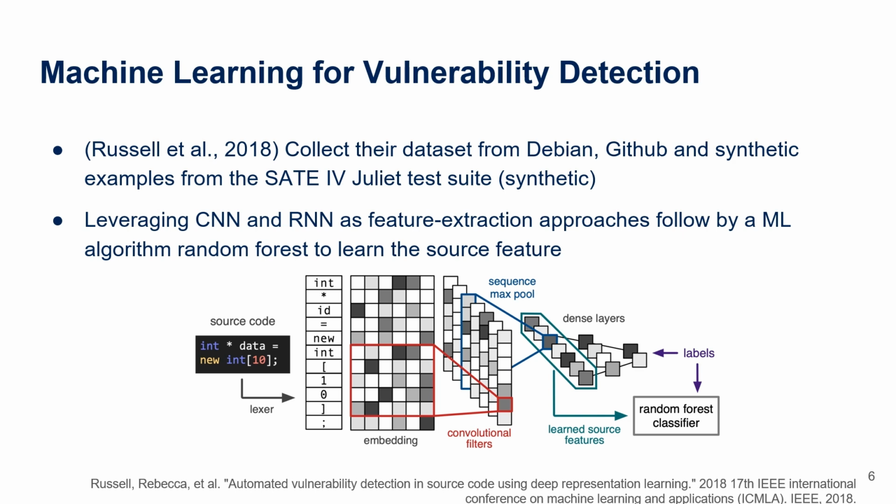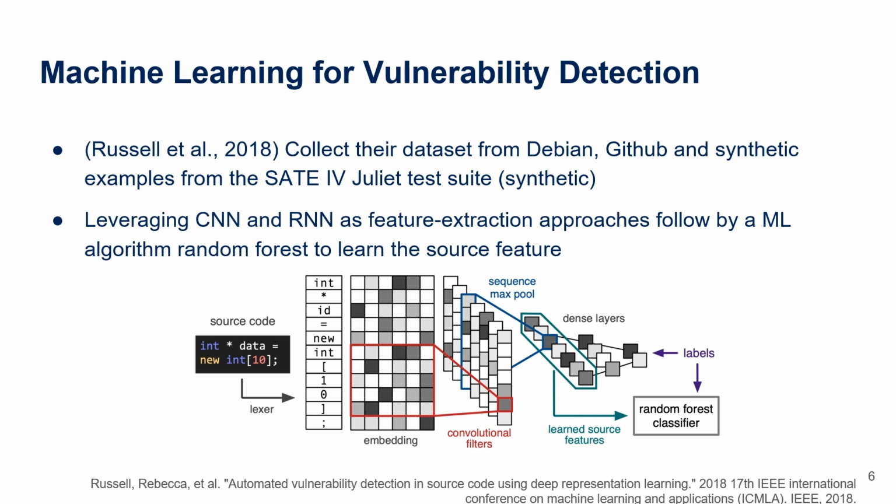Three open source static analysis tools were used for labeling. They employed a convolutional neural network and a recurrent neural network for feature extraction, followed by the random forest algorithm to learn the features and classify vulnerabilities.